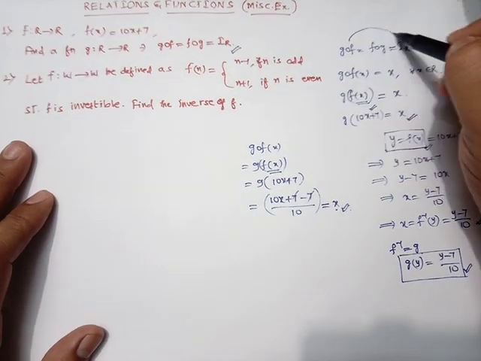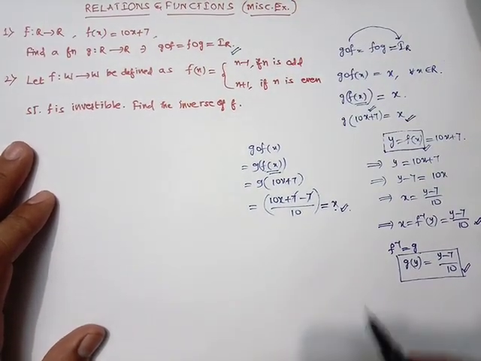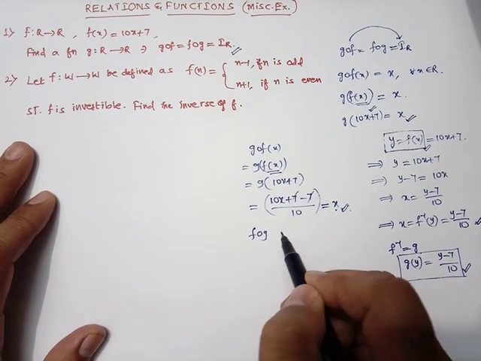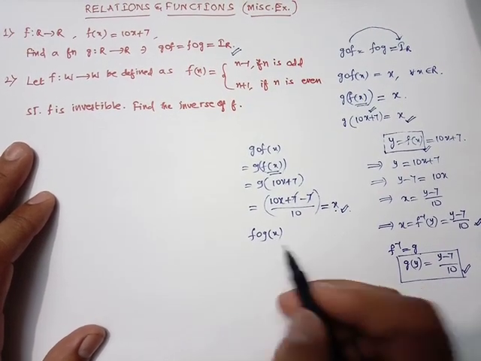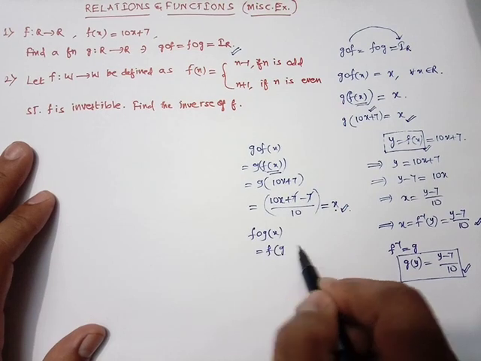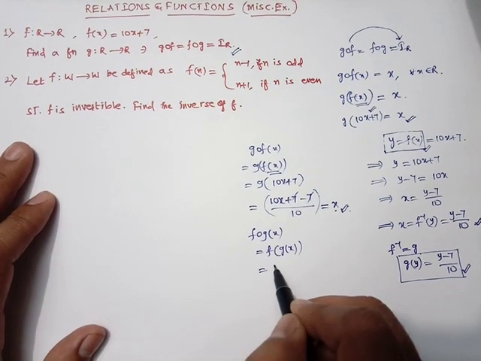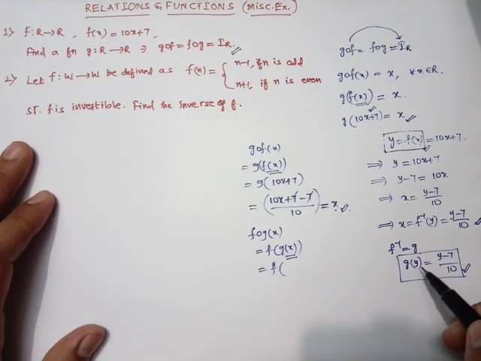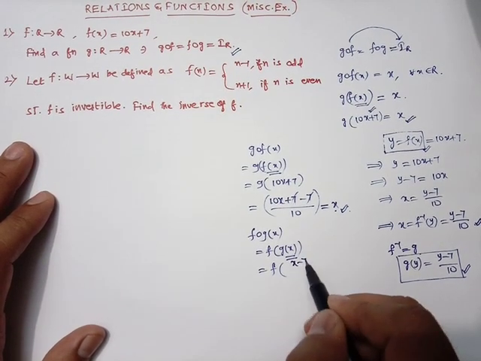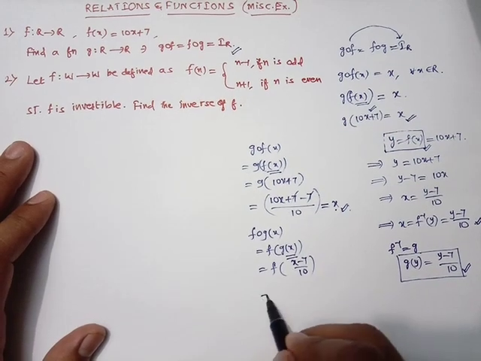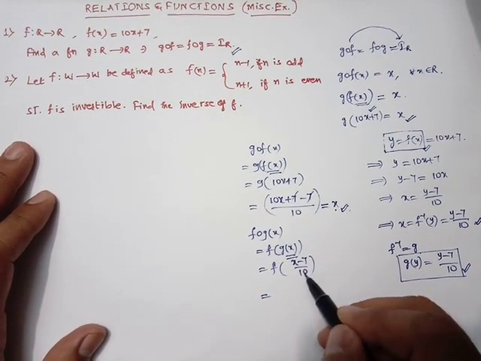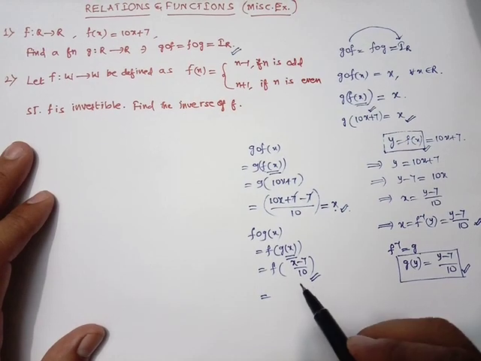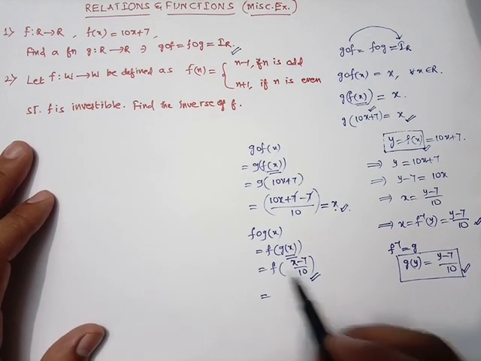Now consider the second: f∘g(x) = f(g(x)). What is your g(x) now? Instead of y, consider x here. So it can be taken as (x - 7)/10, and f((x - 7)/10).